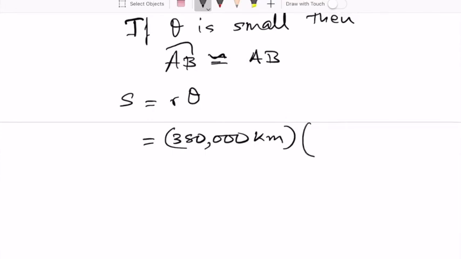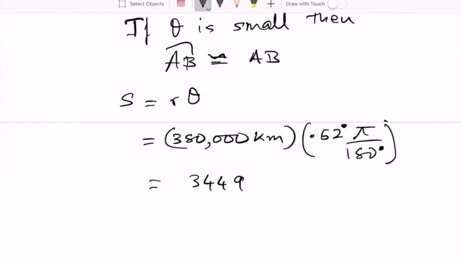So that means 0.52 degrees would be 0.52 multiplied by pi divided by 180. And if you work this out, you get approximately 3,449 kilometers, which is a fairly accurate value for the physical diameter of the moon.